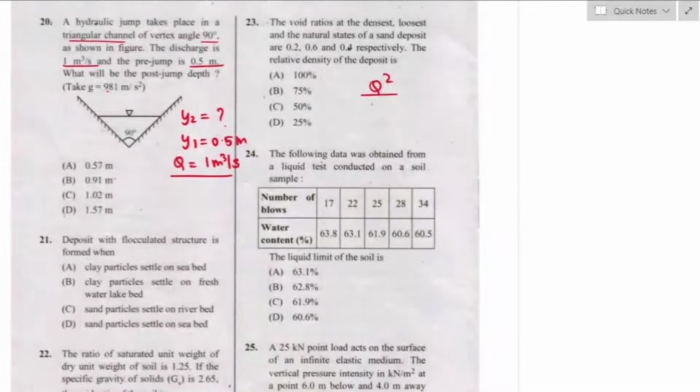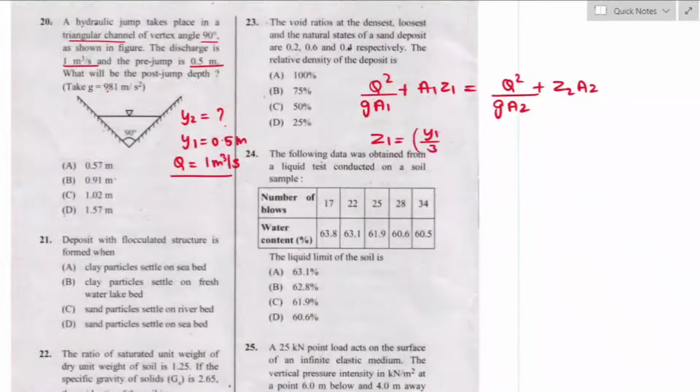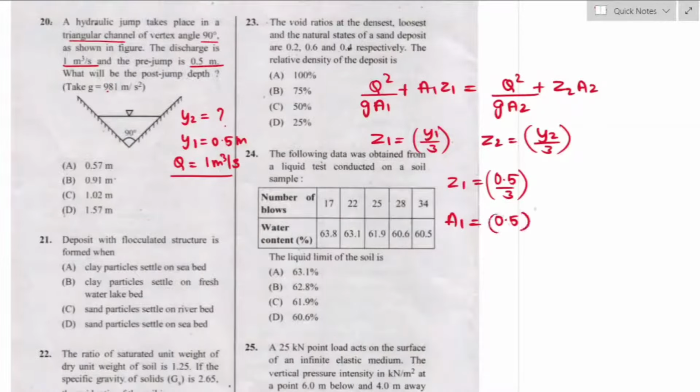So q square by g a1 plus a1 z1 is equal to q square by g a2 plus z2 a2. Z is the datum height. So z1 is equal to y1 divided by 3 and z2 is equal to y2 divided by 3. For z1, y1 is given as the pre-jump depth, that is 0.5 divided by 3, and a1 is given as 0.5 square.